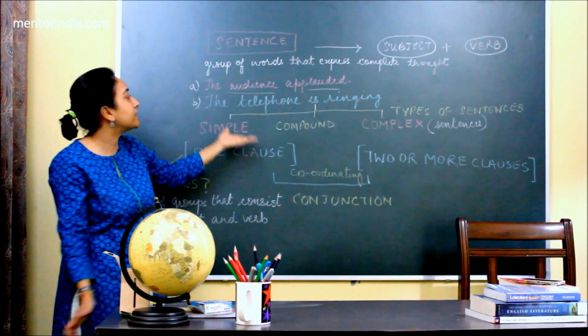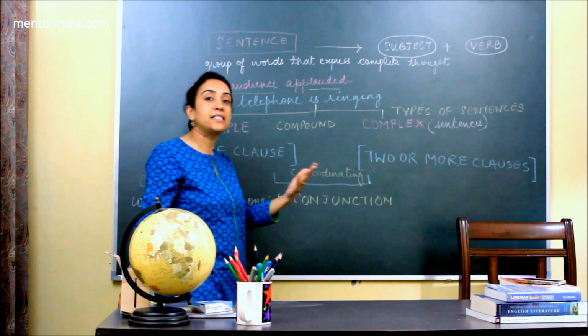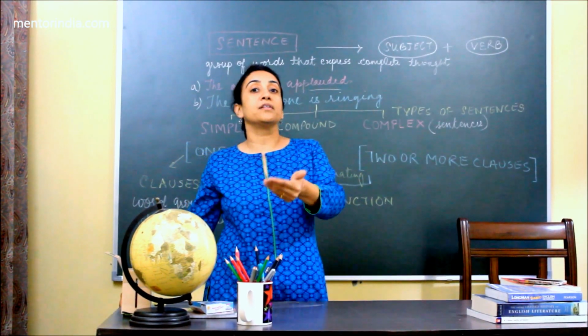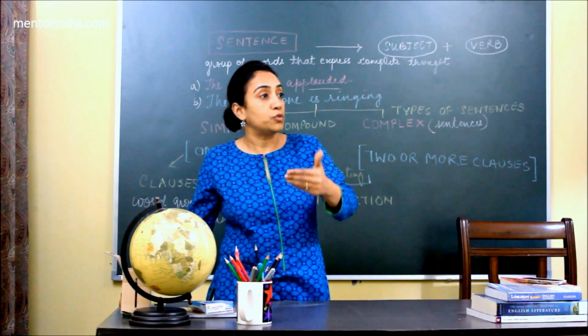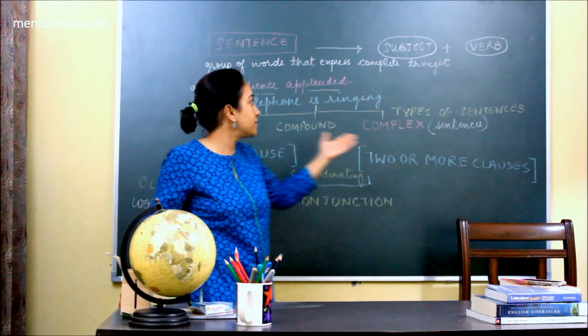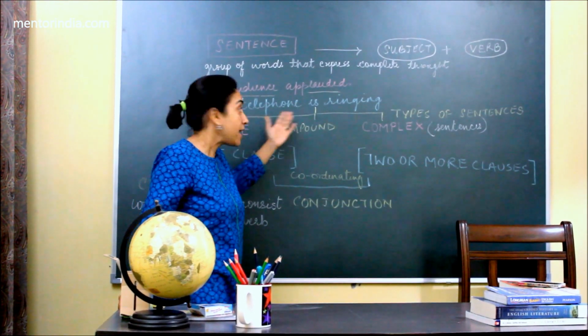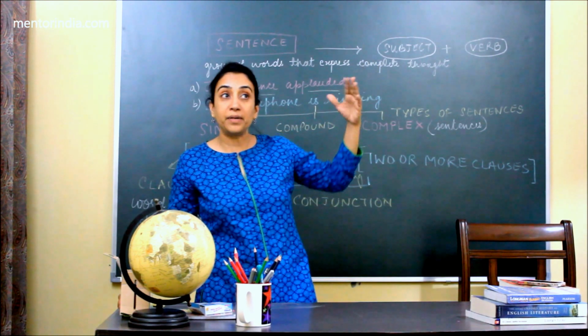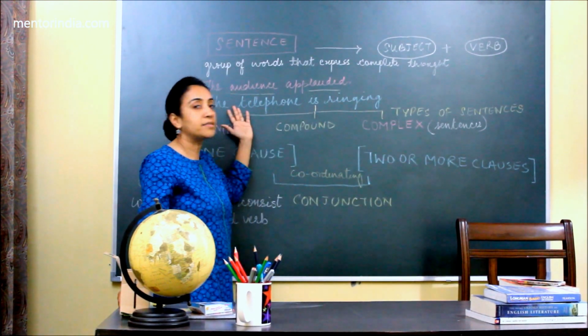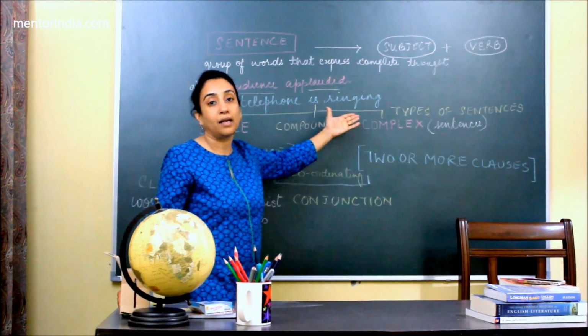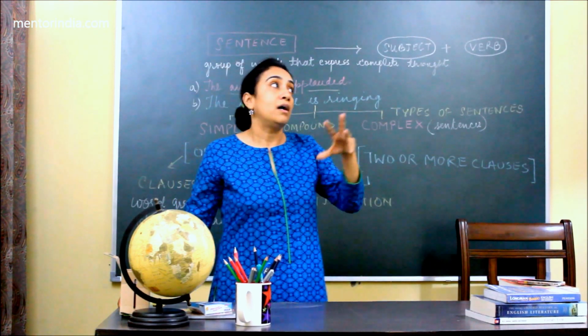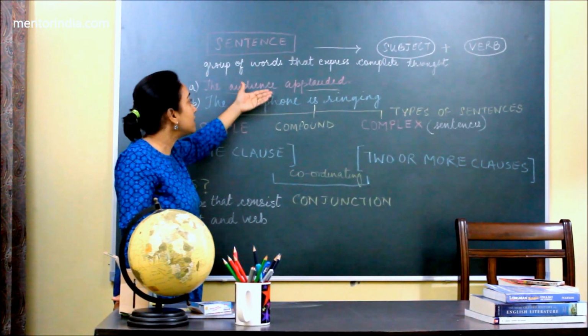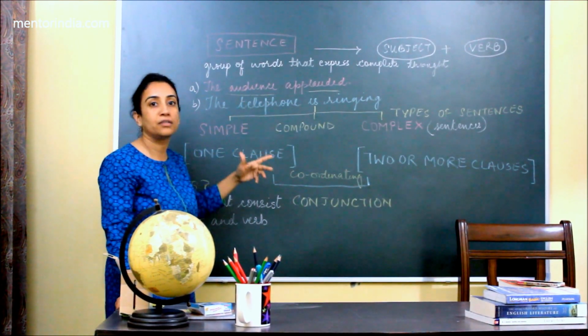Let's look at another example. The telephone is ringing. I want to give this information to someone I'm talking to, and I say the telephone, which is the subject, and the verb, which is happening right now, that the telephone is ringing. Now when we look at these two sentences, we can see there's a little difference between the two.